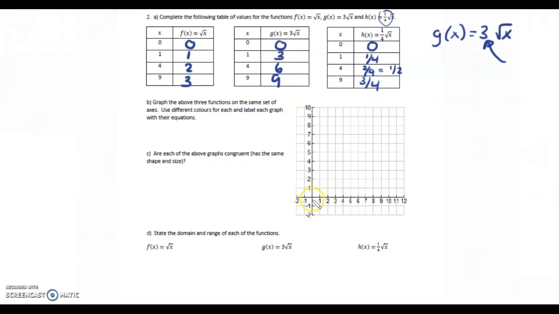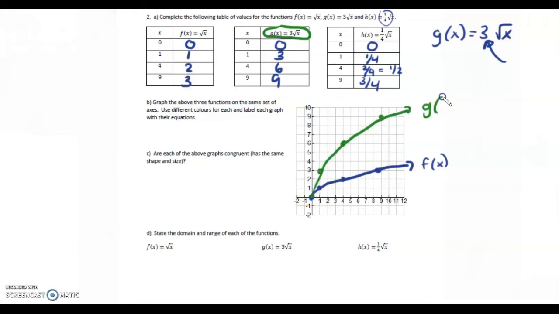Okay, so I'm going to go ahead and graph these: 4, 2, 9, 3. I'm going to graph the original f at x in blue. G at x, I'm going to color coordinate with green. So 0, 0, 1, 3, 4, 6, and then 9, 9.